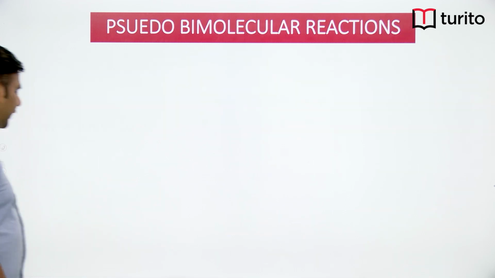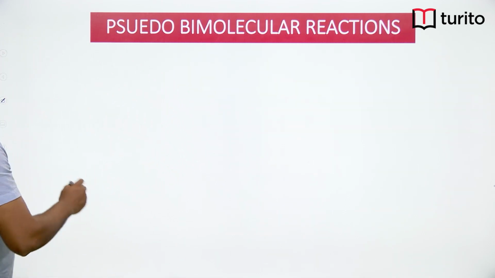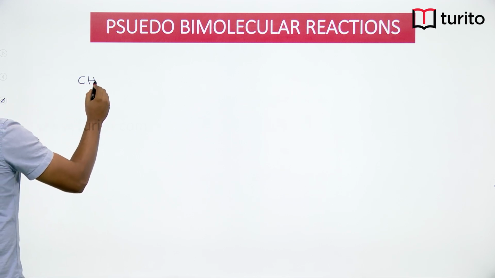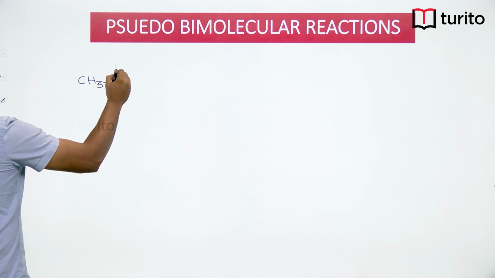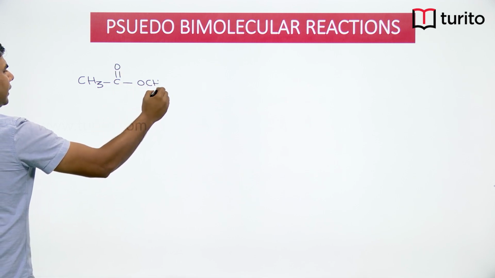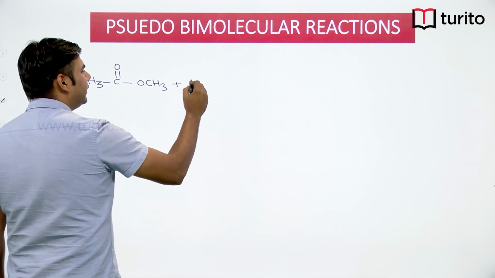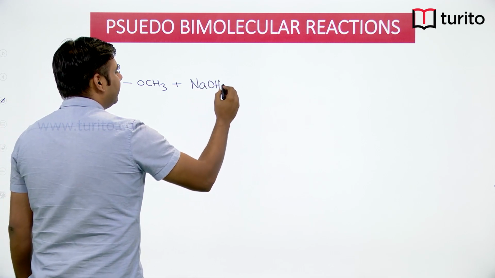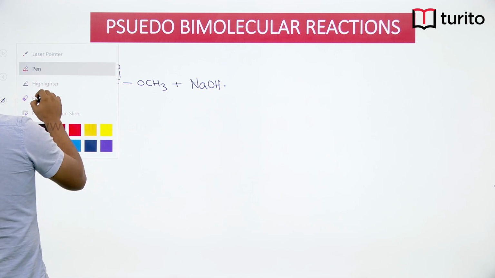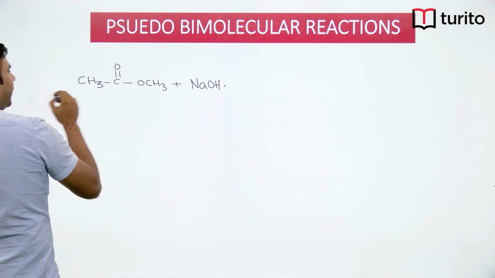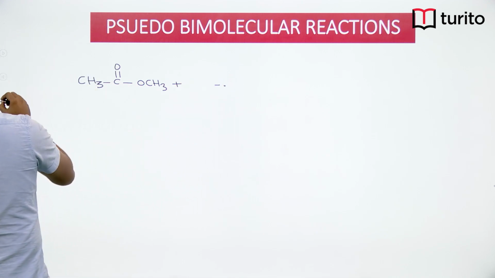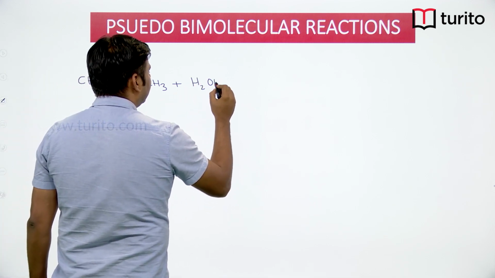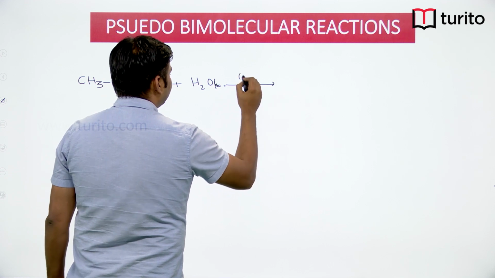Okay, so let us consider another example, that is a pseudo bimolecular reaction. Now let us consider the hydrolysis of ester. Suppose we are taking methyl ethanoate and we are hydrolyzing this in basic medium. So we are taking water and along with it a basic medium.